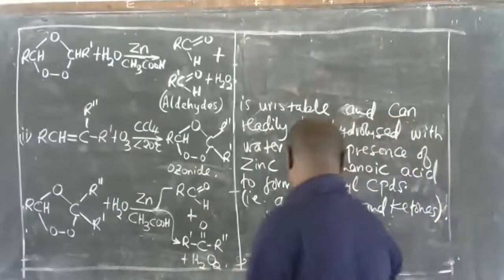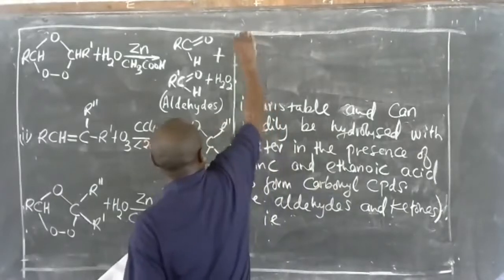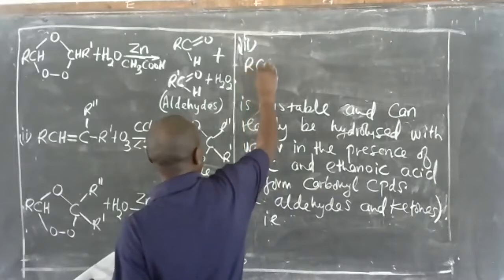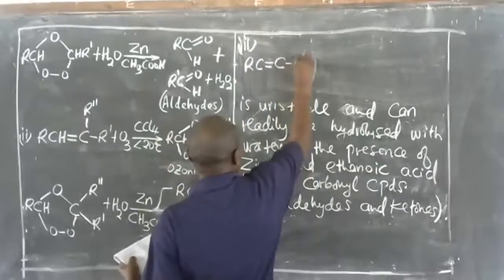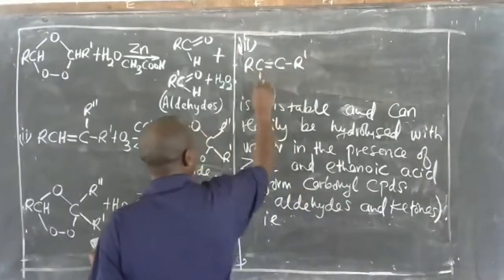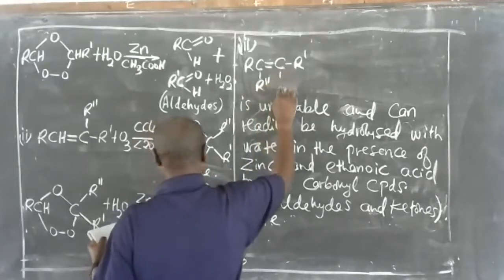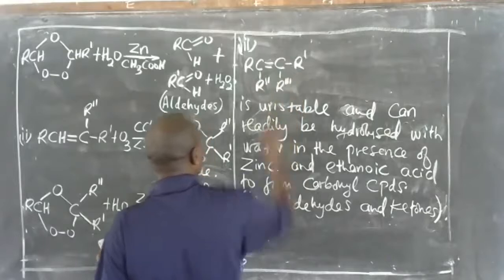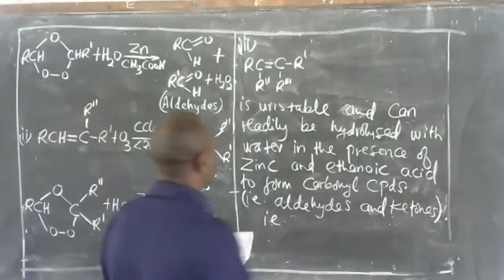For example, example 3 is that if you have R, C, double bond, C, R prime, then we have R, R 3, plus ozone.